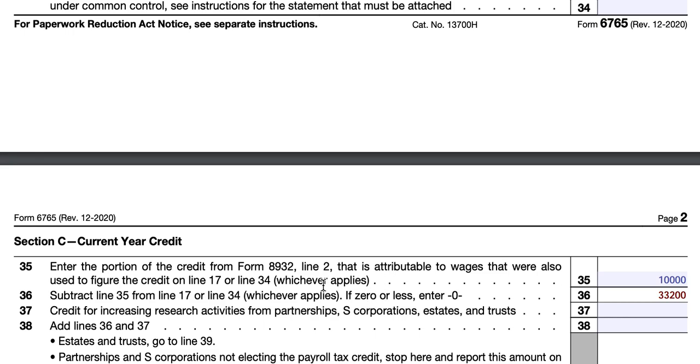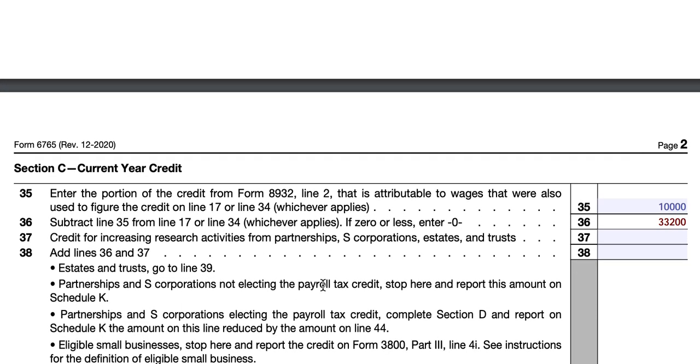Now, line 37 is for credits that might have been passed through from partnerships, S corporations, estates, or trusts. So as you dig into the form instructions for each of those, they're going to show up on your K1. And for estates and trusts, they must allocate that tax credit in proportion to the amount of income that was allocated to each beneficiary.